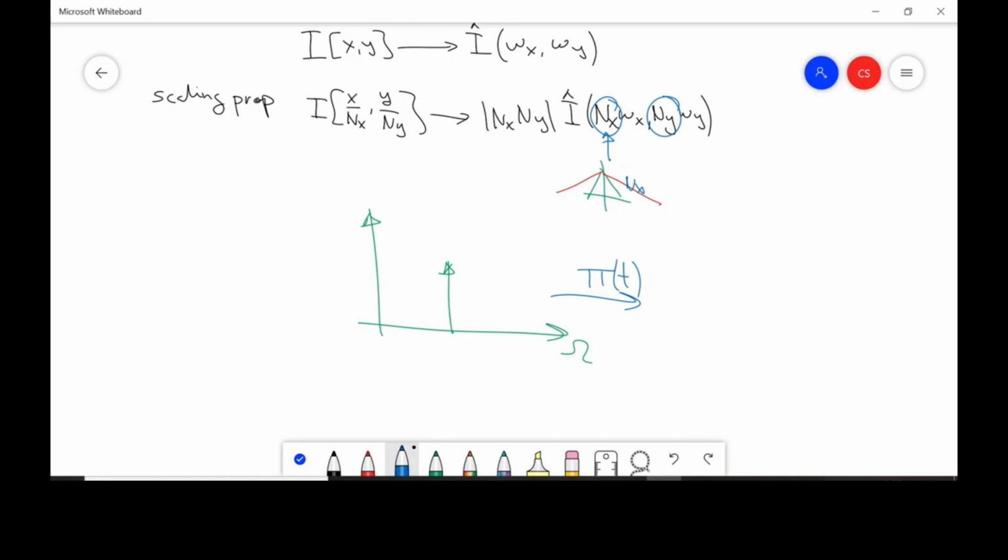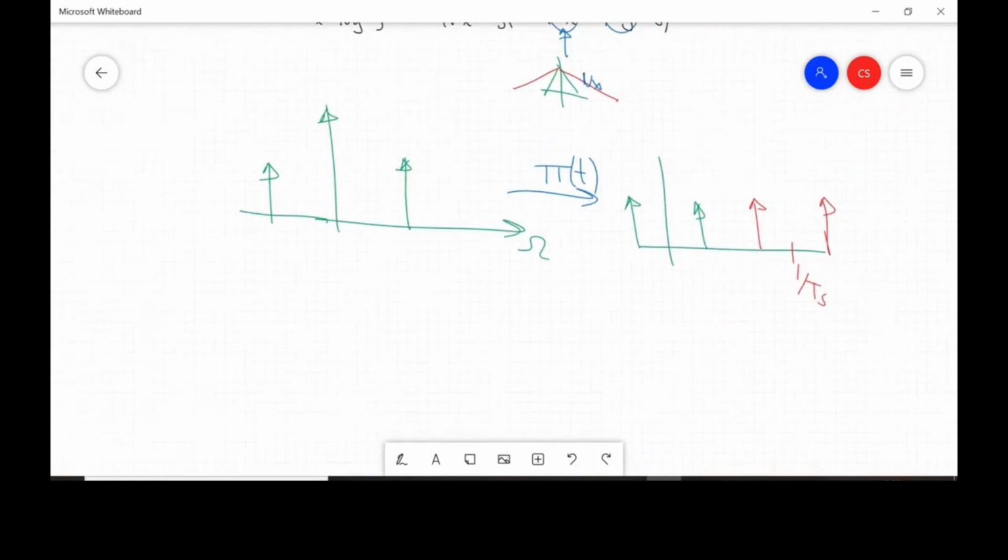You know that after the Fourier transform, after the sampling, what we have is the delta, and then we have another copy of this that appears at the frequency 1 over Ts, right? So by choosing my sampling rate, what I'm doing is moving this copy in and out, to the left or to the right.